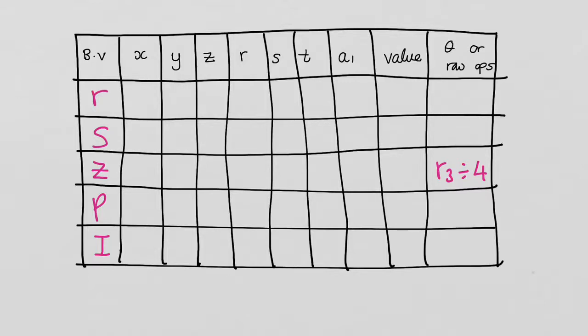So I'm going to divide all of this by 4. So that should be a negative in there. 1, 0, 0, minus a quarter, 9/4.